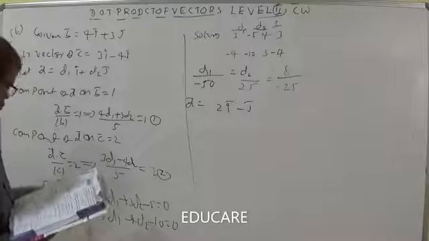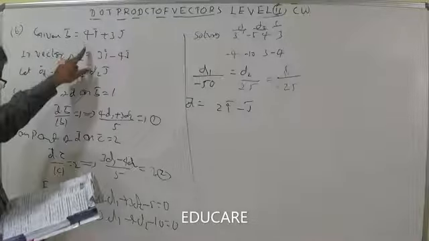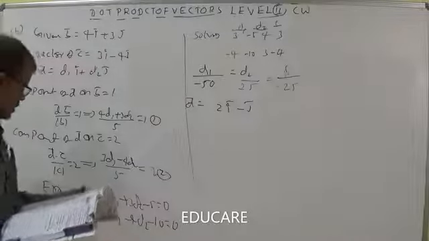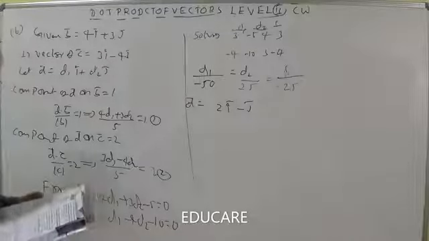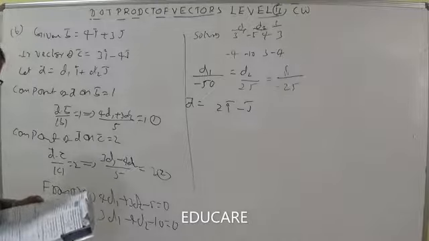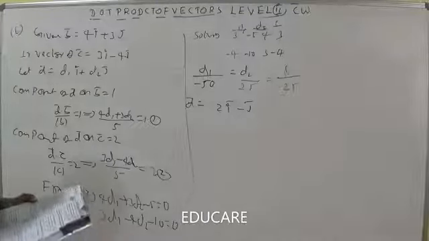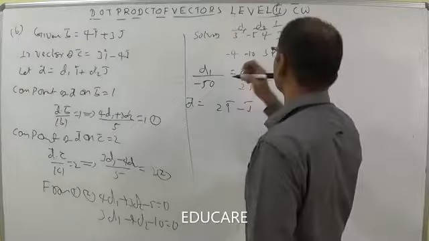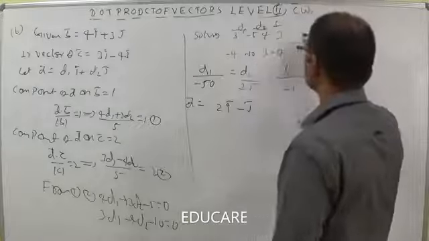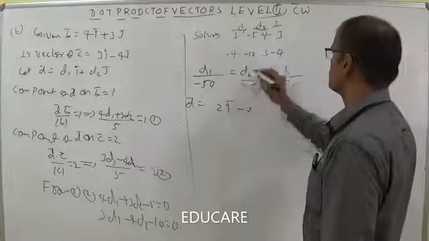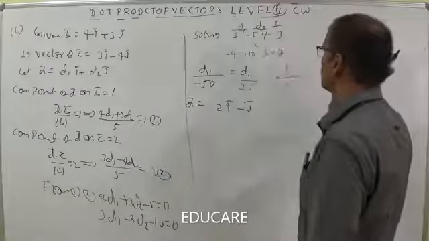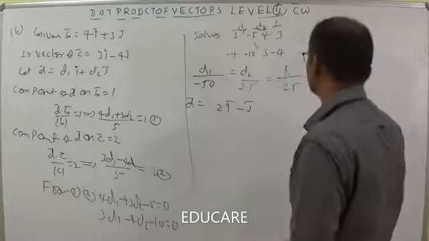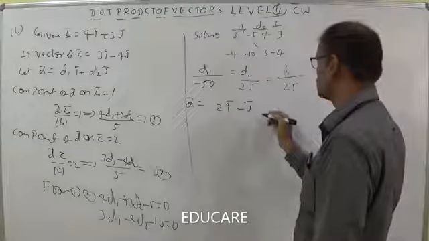The component 2 is given: 4D1 plus 3D2 minus 5 and 3D1 minus 4D2 minus 10 equal to 0. By solving, D1 is minus 30 minus 20, it's right. This is minus 15 plus 40, 25.